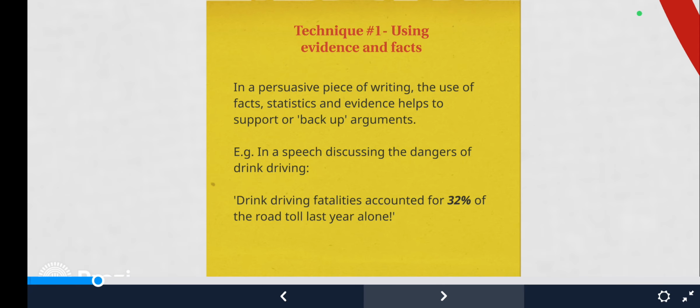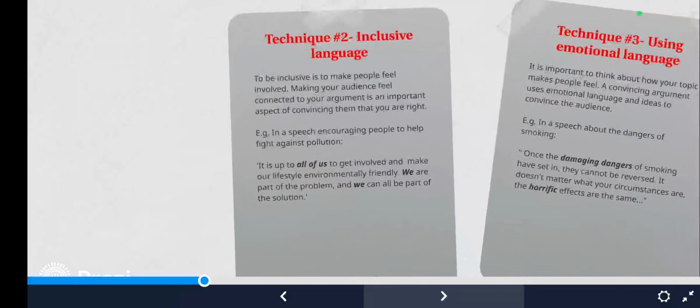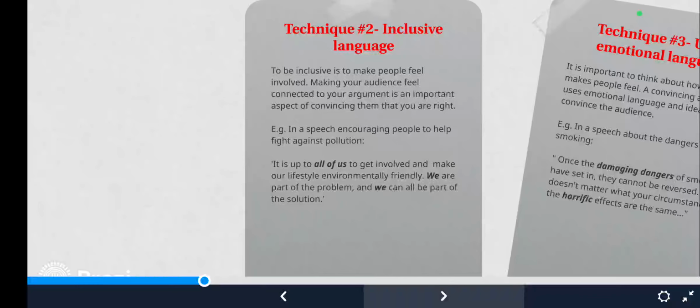So, technique number two, use inclusive language. To be inclusive is to make people feel involved, making your audience feel connected to your argument, and it is an important aspect of convincing them that you are right.